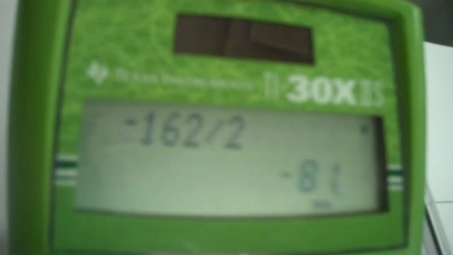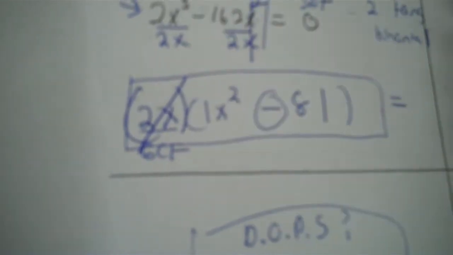Now I divide negative 162 by 2, it's negative 81, so I express that as minus 81. And then remember to bring over your 2x, cross it off, and look to the next step. Okay, you need that there, don't forget to put it there. So difference of perfect squares, well I have the minus, and if I have a 1 in front of x, don't do it.